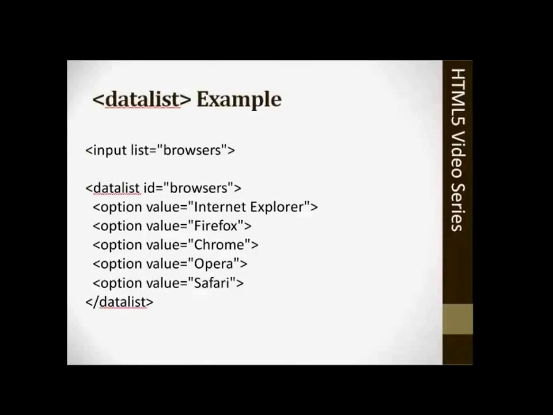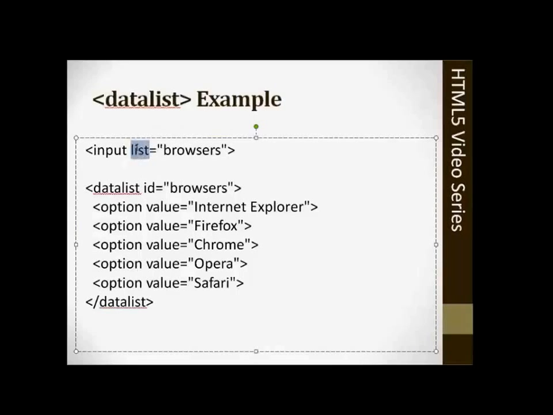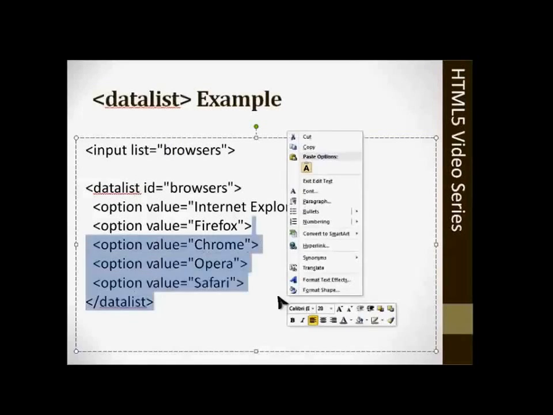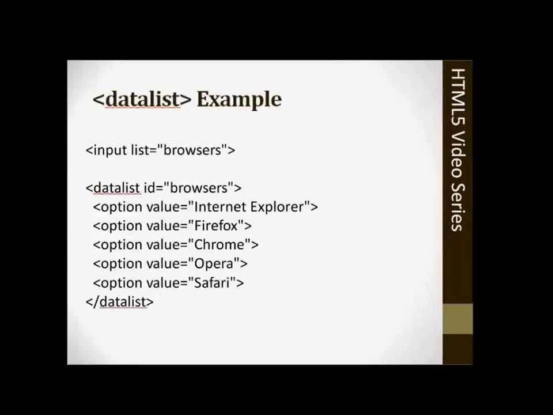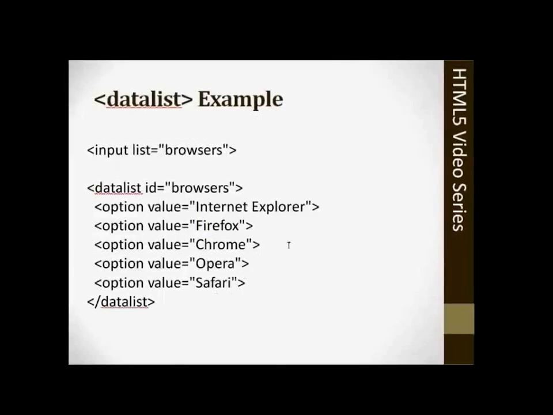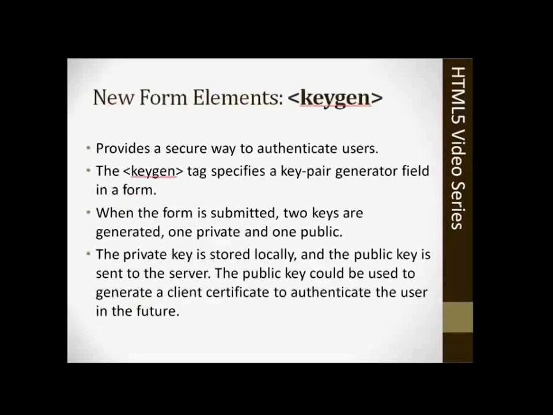This is an example. We'd have an input with the list attribute of browsers, and then a datalist with the ID of browsers, and then our options. If someone types FIR, then Firefox will pop up. So it's an autocomplete, used for simplicity and to just make things easier for the user.